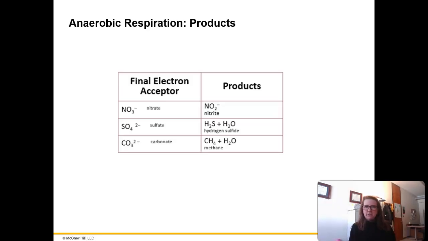And then we also see that there can be some products that are made as a result: nitrite, hydrogen sulfide, and methane. So these are some products that we may actually use in an industrial process. So we use the bacteria to make these chemicals for us, or we might use microorganisms to help us break down some waste products.